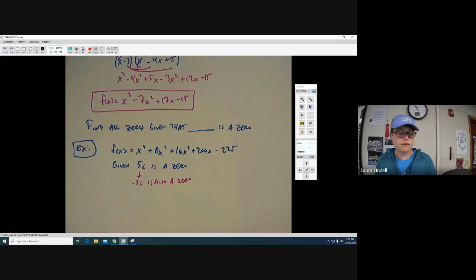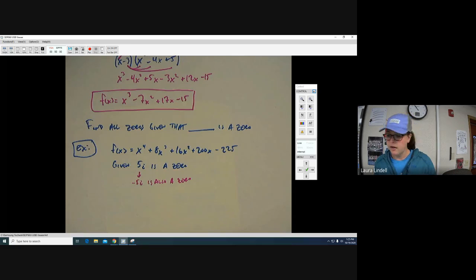And then what we want to do essentially is bring this thing down in degree using these two zeros that we know, so that we can figure out what our other zeros, our real zeros, will be. So what we want to do for that is use what we learned on Thursday, going over synthetic division.